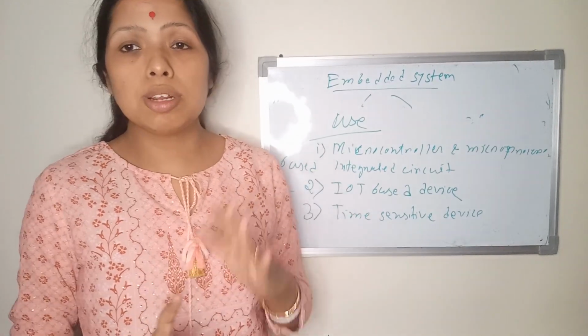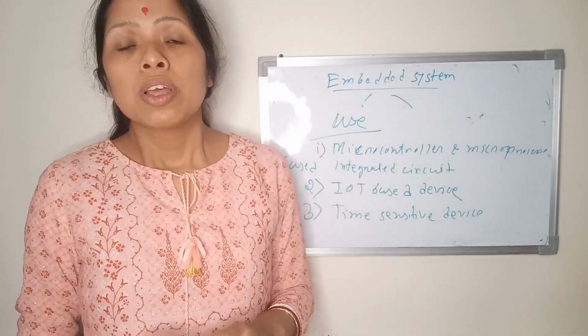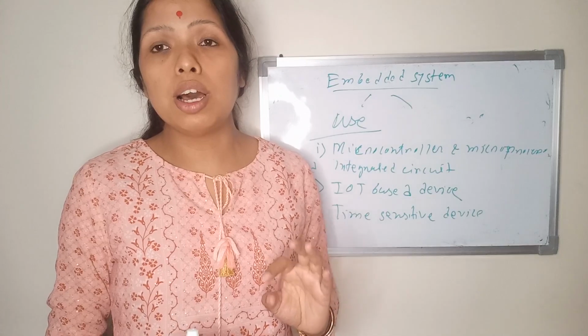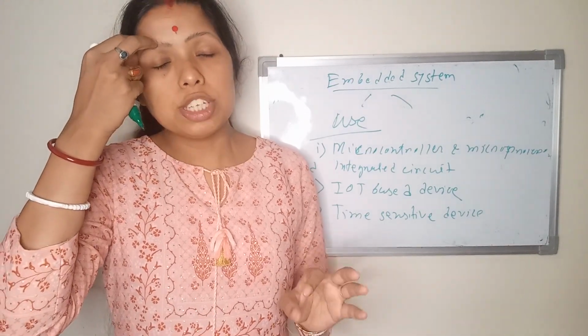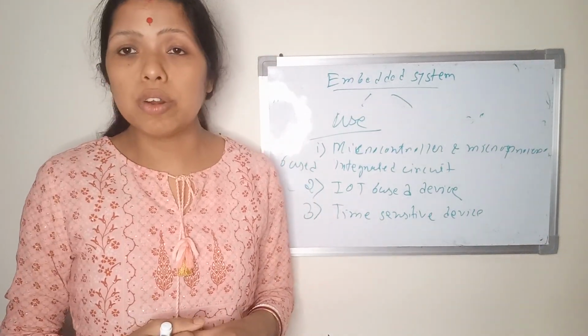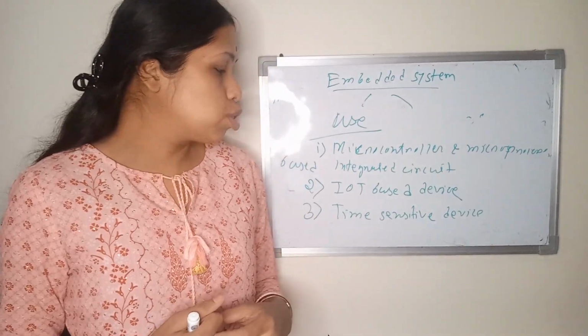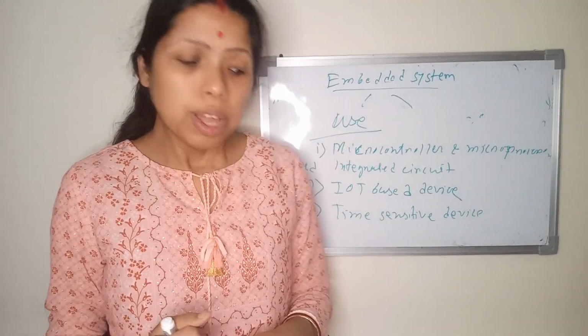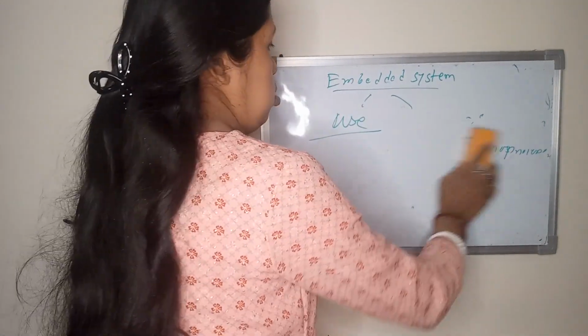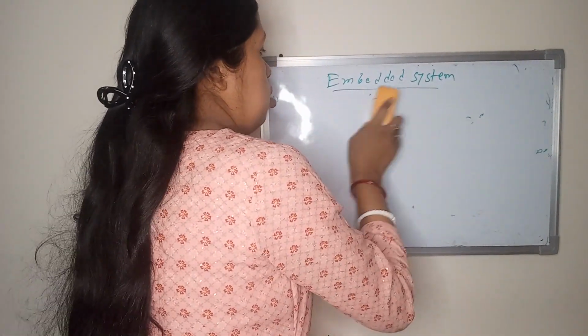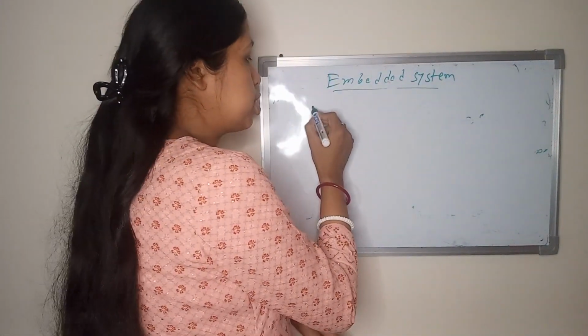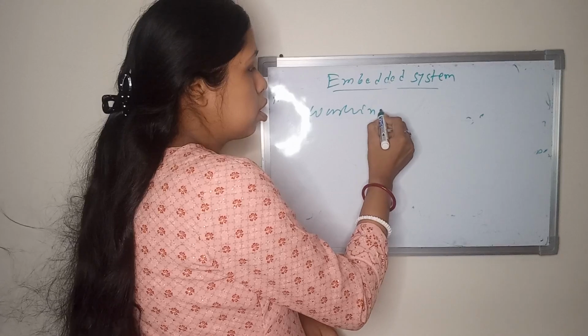The time-sensitive device means, in a microcontroller or embedded system, one feature is there, that is the timer or counter. So a timer can be used for designing a time-sensitive device. One example of a time-sensitive device is the washing machine.